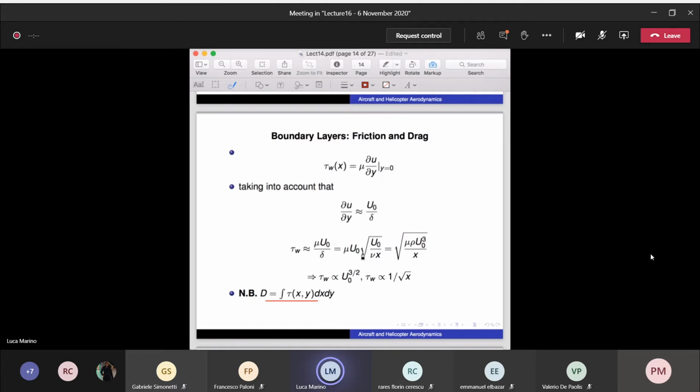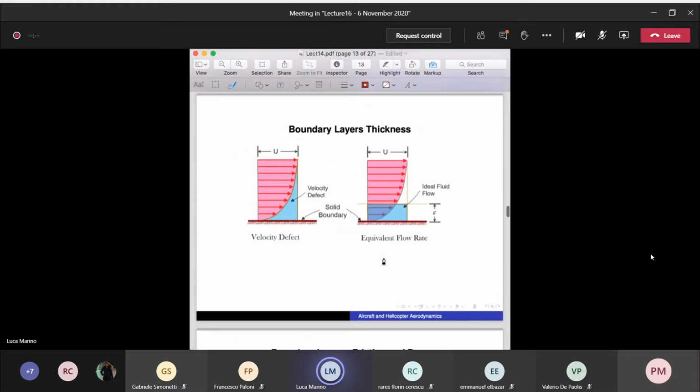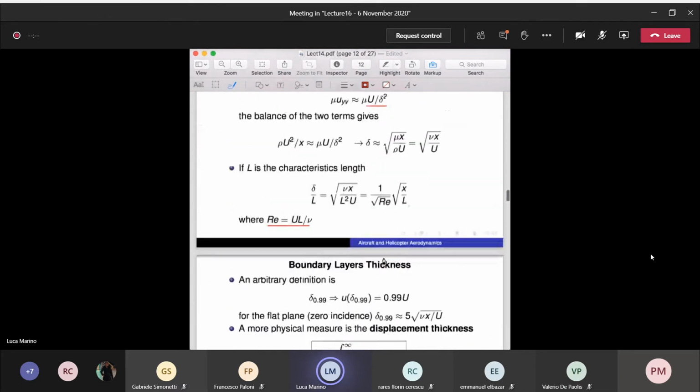So changing the problem, for example, the shape of the body, the dependence will always be proportional to this quantity, but you will have a coefficient in front of this equation that will be different if you change the problem. Exactly like delta will always be proportional to the square root of x.